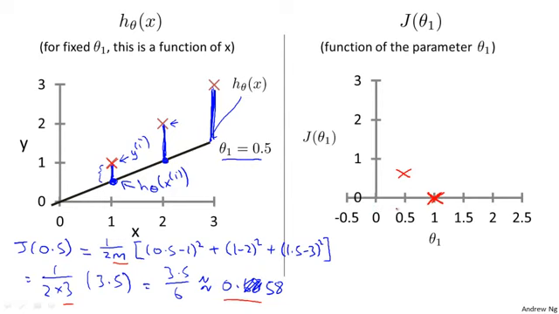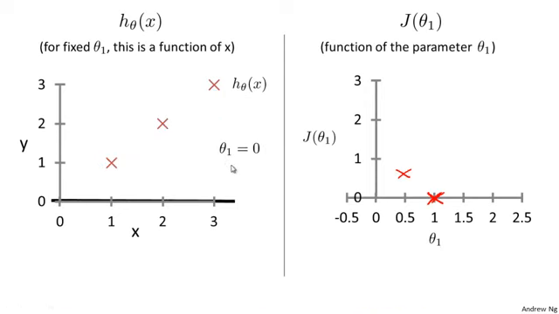Now, let's do one more. How about if theta 1 is equal to 0? What is J of 0 equal to? It turns out that if theta 1 is equal to 0, then h of x is just equal to this flat line that goes horizontally like this.